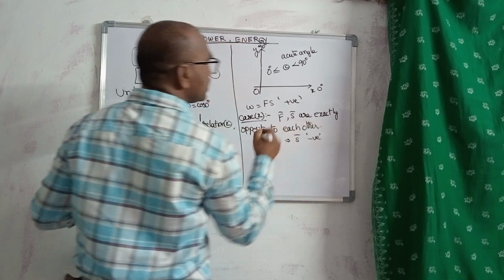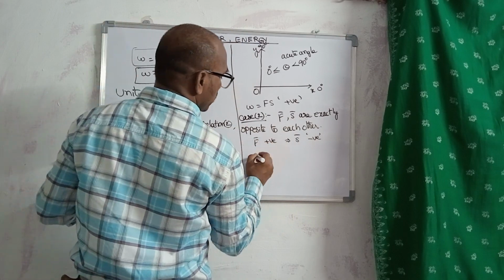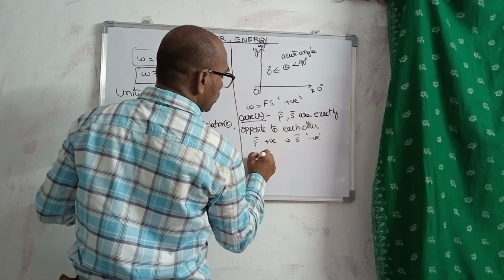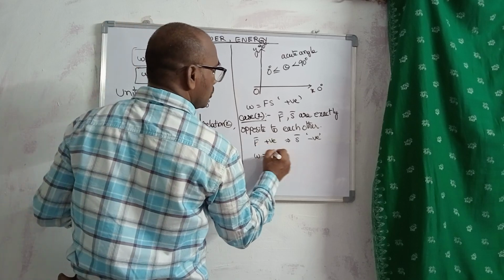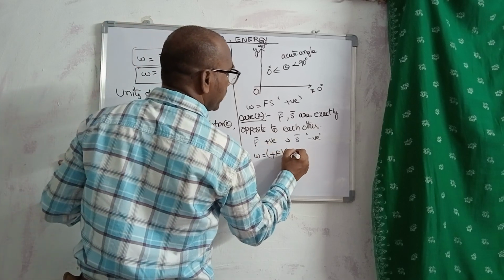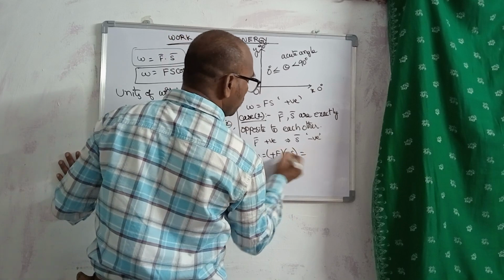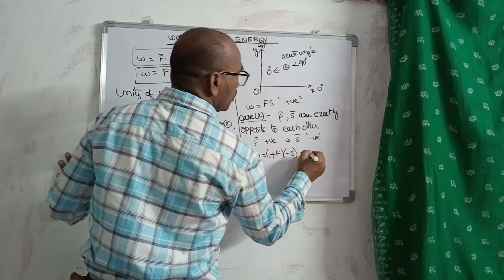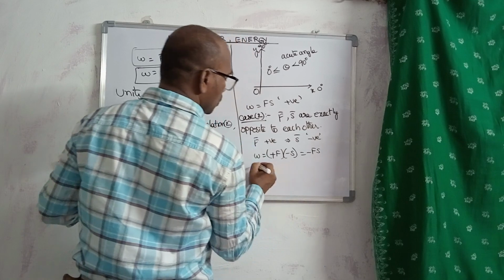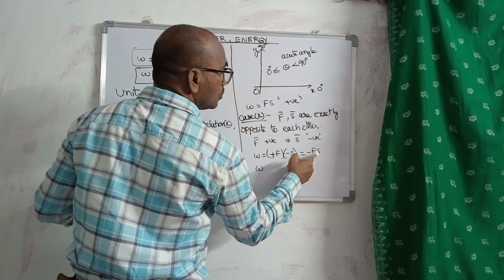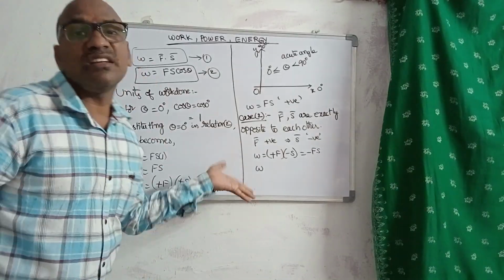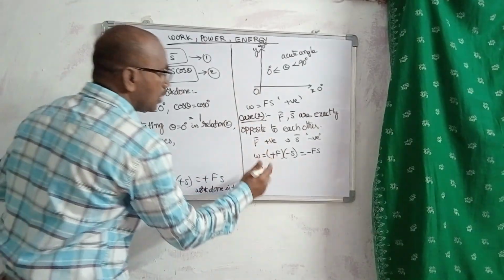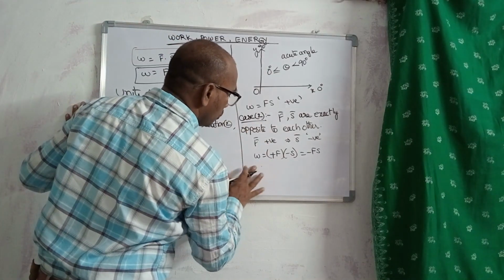Now substitute in this case. W equal to plus F into minus S, plus into minus, so minus Fs. So work is negative. We can express this in other words also. Take W equal to the second formula.